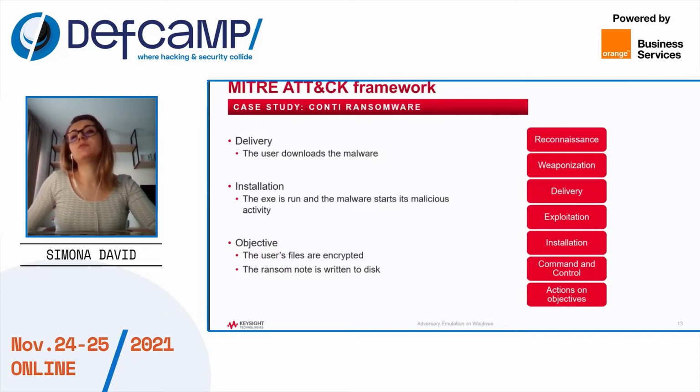We deliver the weaponized bundle to the victim. Exploitation. The attacker exploits a vulnerability on the victim's system. Installation is a stage where the malware gets installed. Command and control represents a channel for remote manipulation of the victim, and the objectives is a step where the attackers achieve their goals.